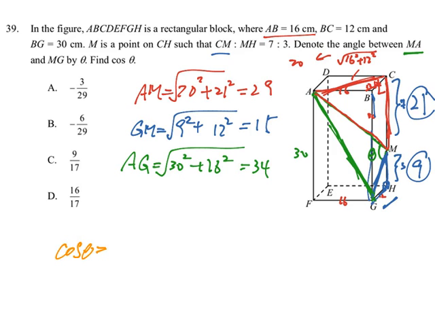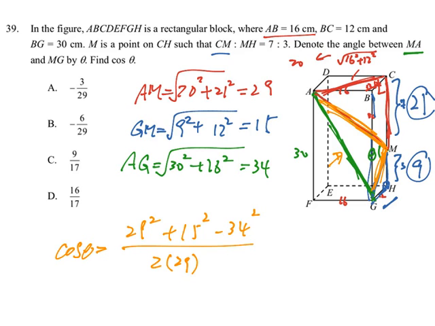So cosine theta is AM square, 29 square, plus this one square, 15 square, minus AG square, 34 square, over 2 times 29 and 15. Then you can get negative 90 over 870. Then negative 3 over 29. So the answer is A.